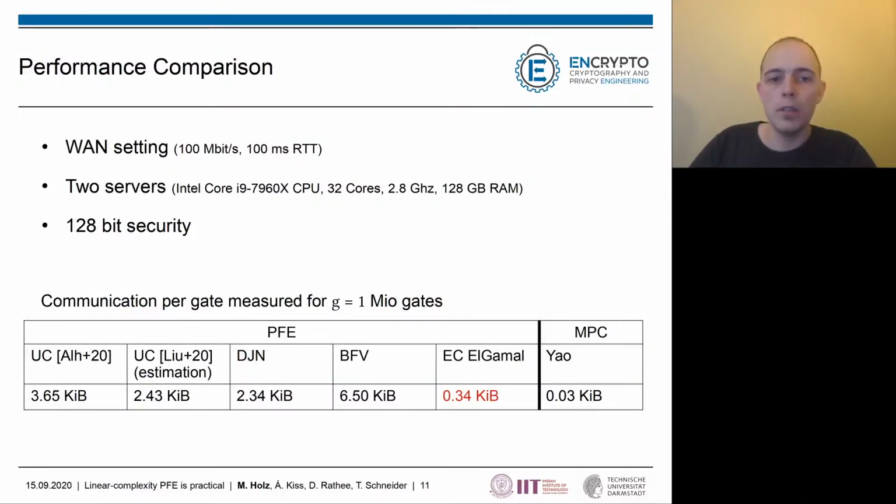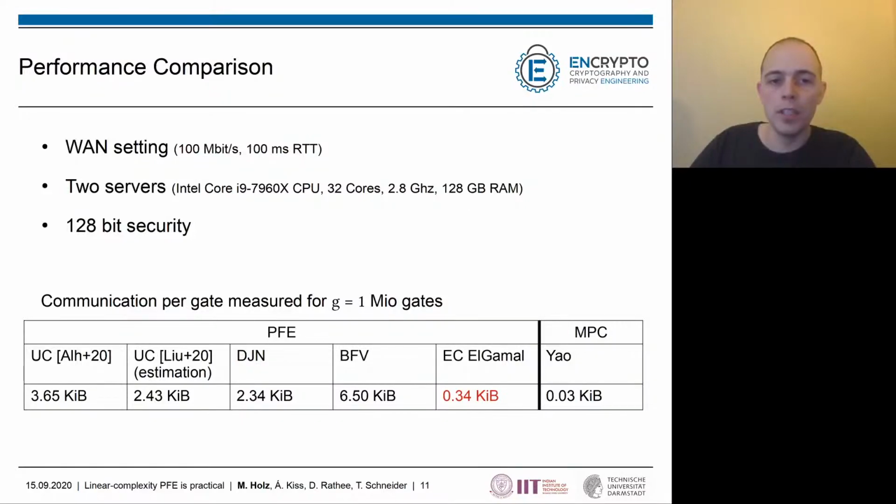And there we found that per gate we achieve a way lower communication for our communication-wise best protocol, which is the elliptic curve ElGamal protocol, and this one is about 7 times better than the recent UC construction by Liu et al.